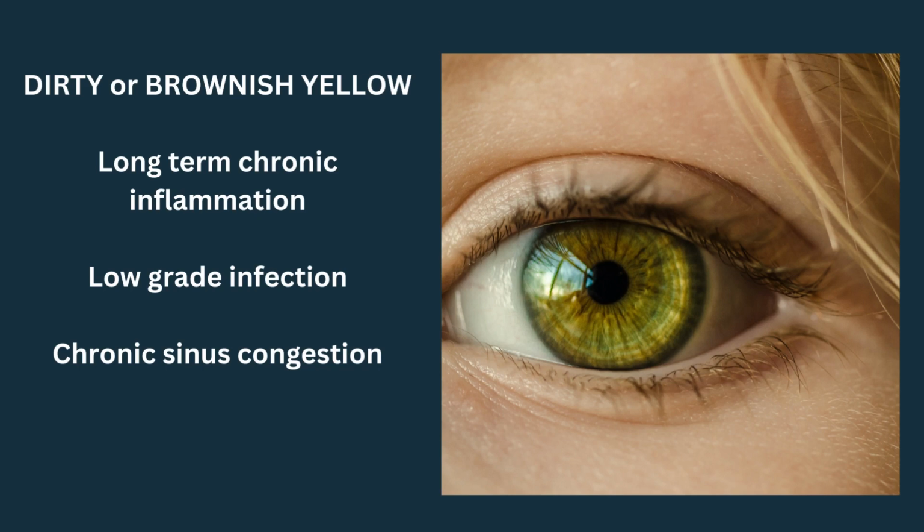Now, when you see this color at the top of the eye, it can suggest chronic sinus infection. So if I saw this in a person's eye, I would first ask them about their sinuses, because I see a lot of dirtyish, brownish yellow up at the top of the eye. That gives you a clue there.